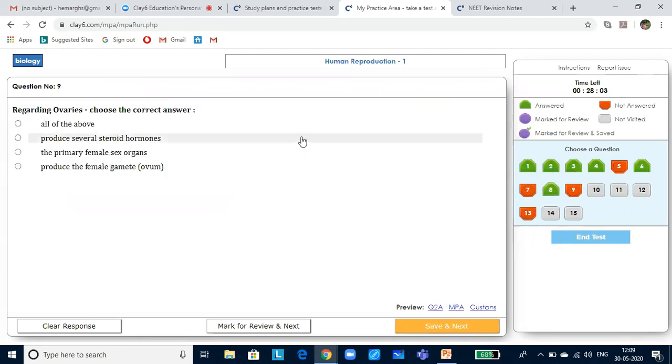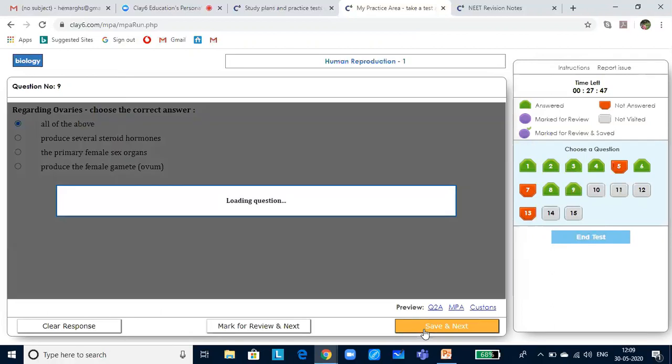Regarding ovaries, choose the correct answer. It is all of the above, because ovaries produce several steroid hormones. Primary female sex organ produces the female gamete.